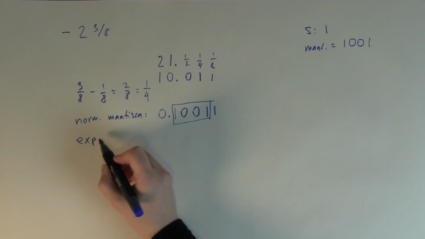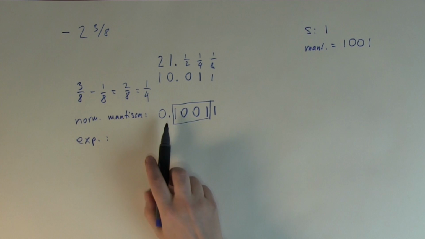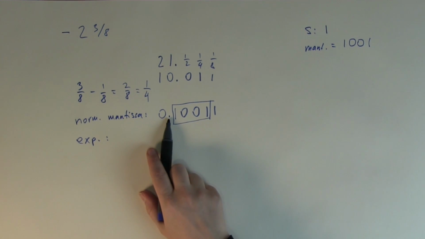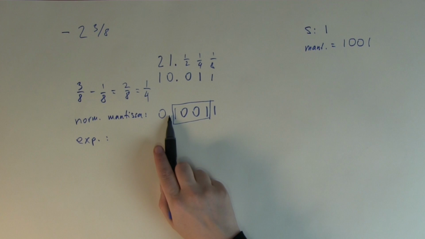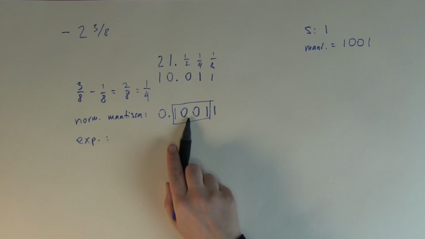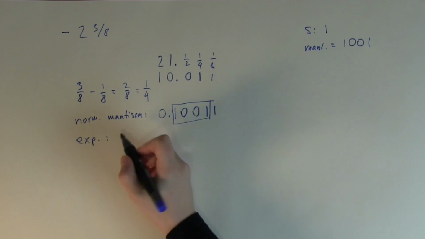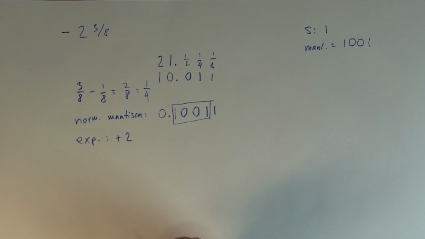What is the exponent? This is the number that the computer is given, and the computer needs to turn it back to the original number. So what does the computer have to do with the radix point? Move it 2 places in the positive direction. So the exponent will be positive 2.